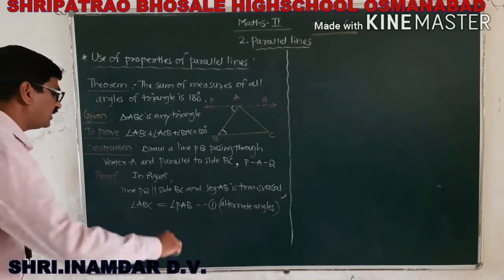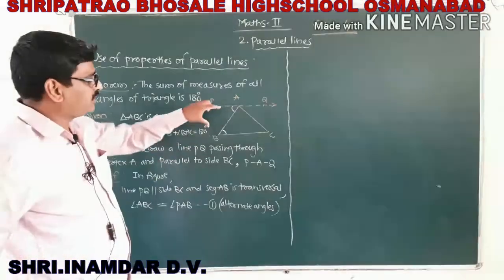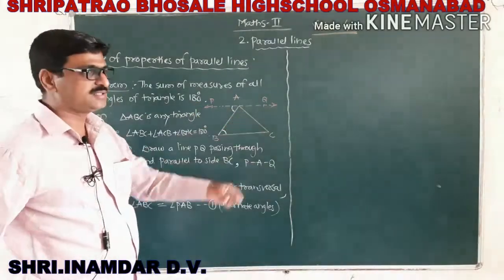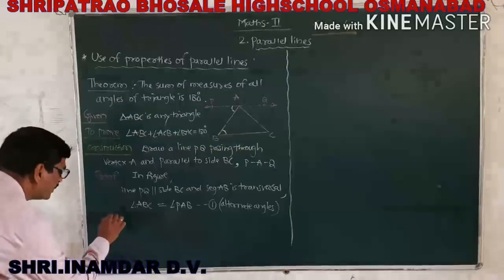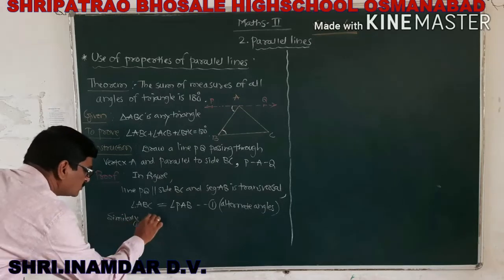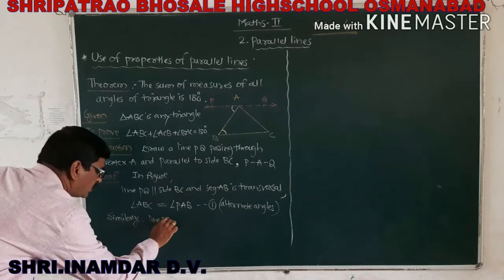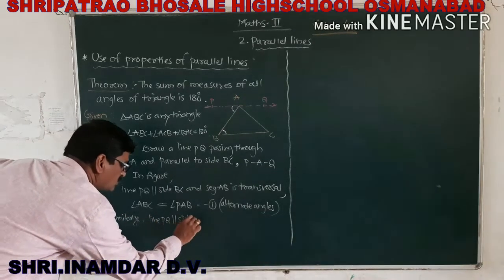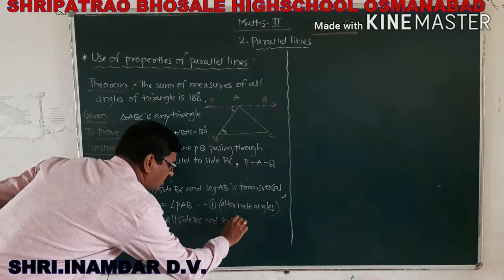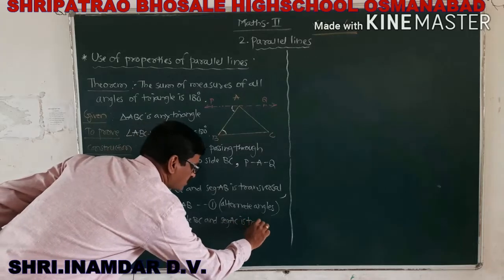Okay. Then similarly, as we have taken AB as a transversal, here we take AC as a transversal. Similarly, line PQ is parallel to side BC and seg AC is transversal.